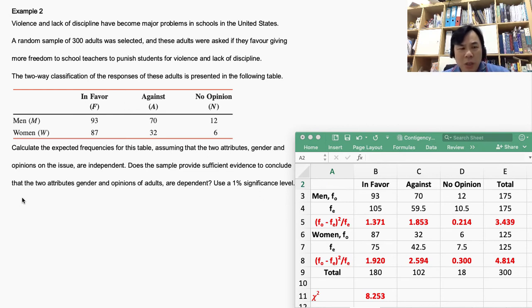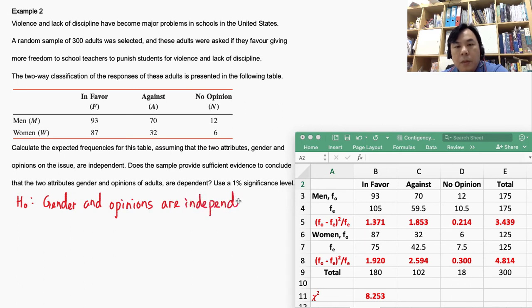So as usual, we're going to start by writing our hypothesis statements. So here we will say that the gender and opinion are independent.